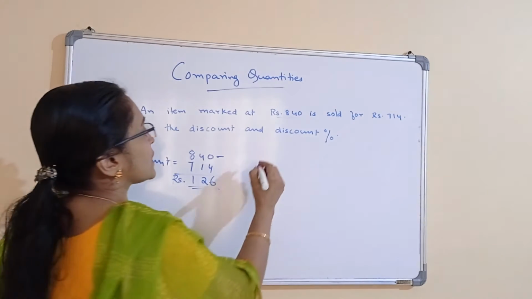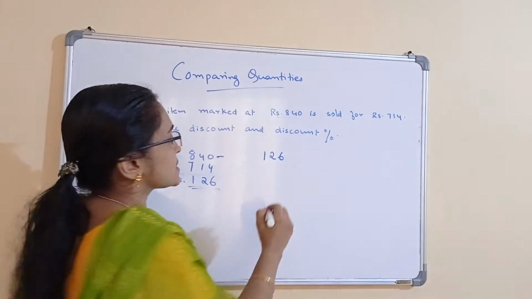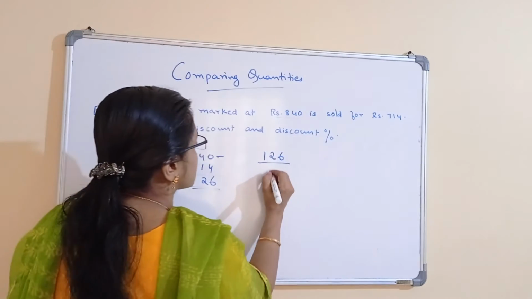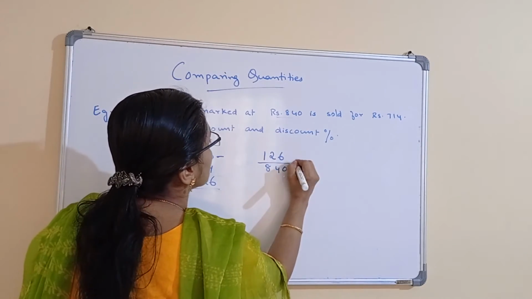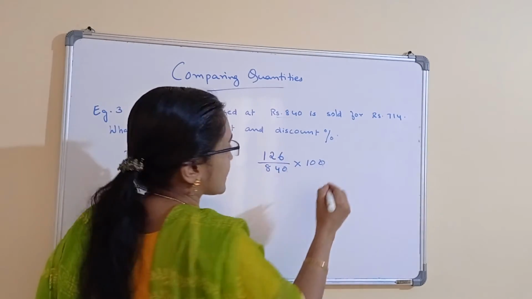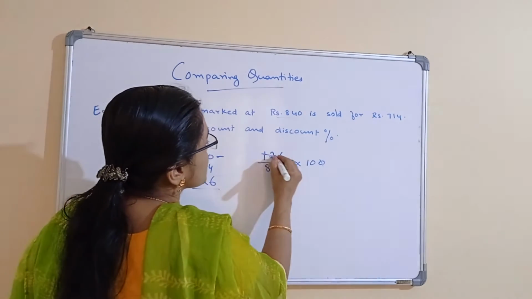Discount percent can be calculated as the discount, that is 126, by the actual marked price, that is 840, into 100. So this 0 and 0 will get cancelled and we can divide this by 2.